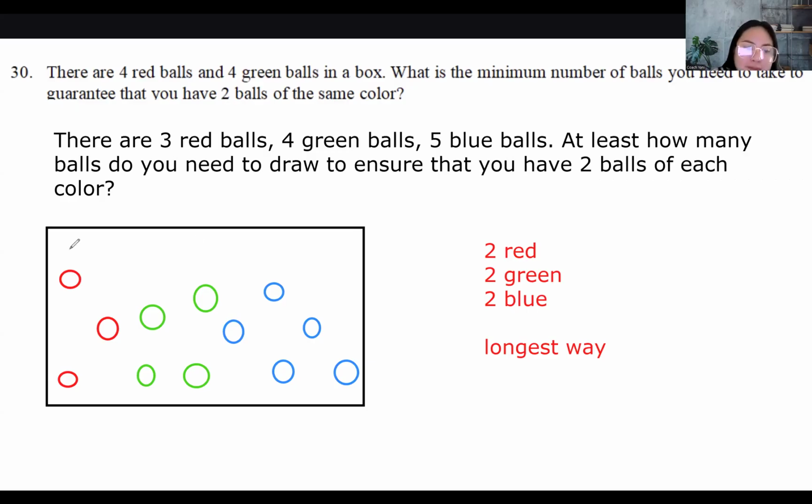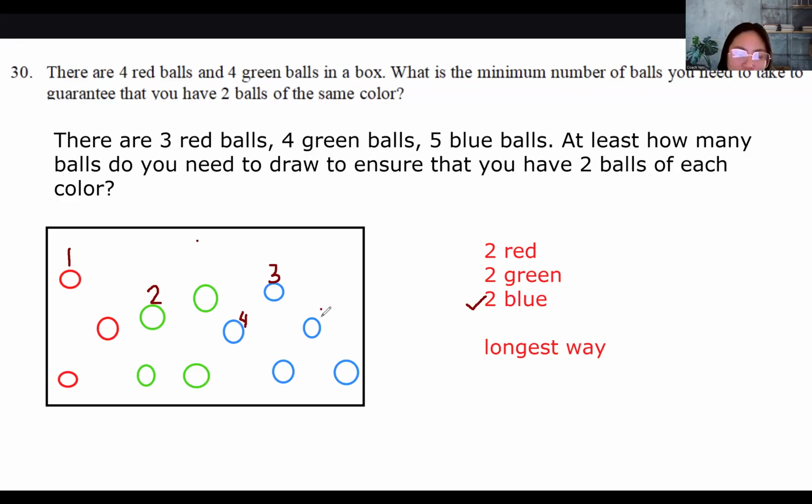Okay, let's say for example, you get the first draw, red, the second draw, green, and the third draw, blue. Does that give you two balls of each color? Not yet, right? So, what if on the fourth draw, you draw blue again? So, you already have two blue, correct? Okay.